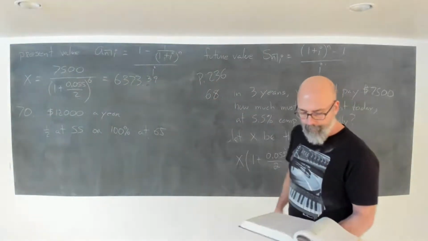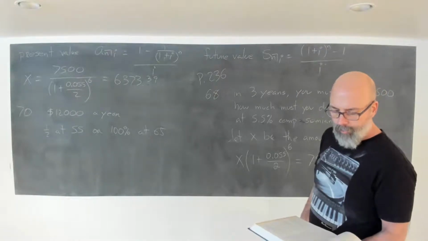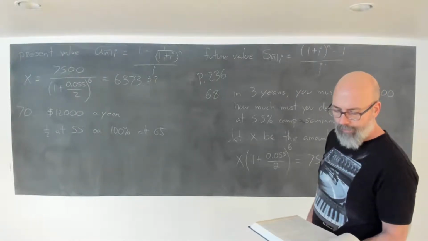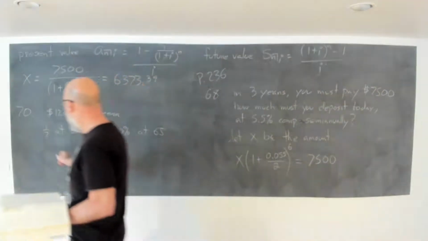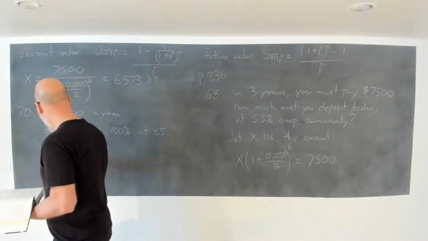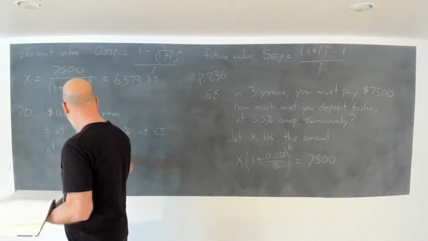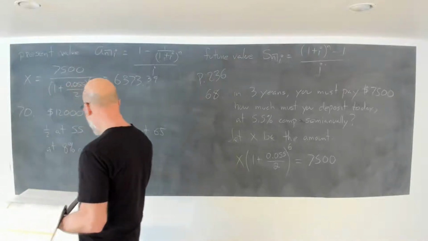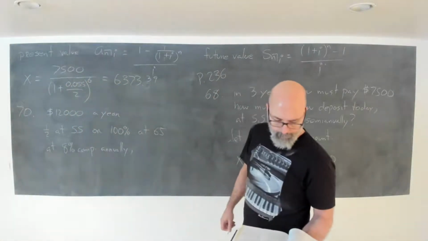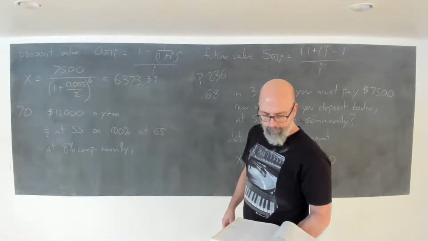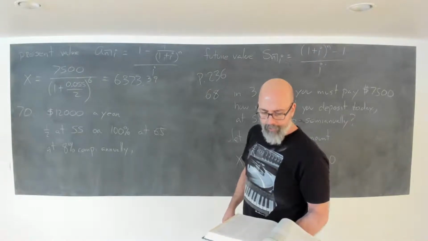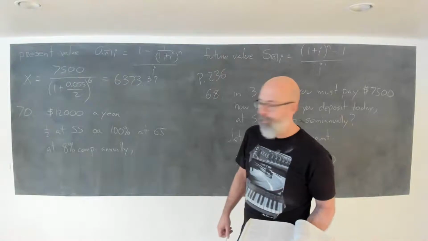Everybody with us here? Assuming an interest rate of 8% compounded annually, by age 75, how much will each plan produce? Which plan would produce the larger amount?